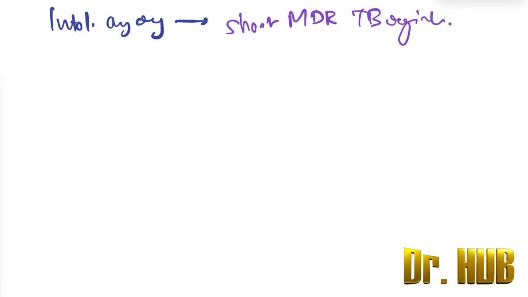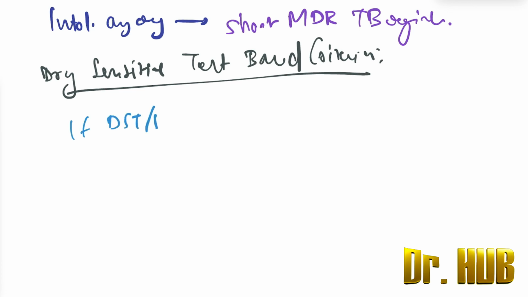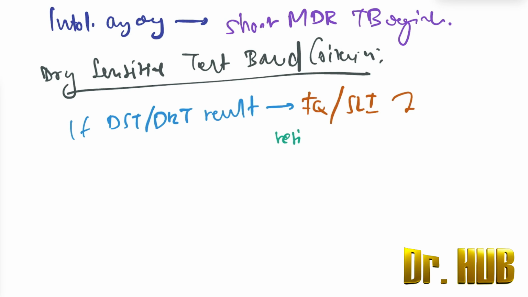Next are the other exclusion criteria, which include the drug sensitive test based criteria. What does this include? If the DST result for the FQ, the fluoroquinolone, or the SLI is resistant, that is XDR TB.